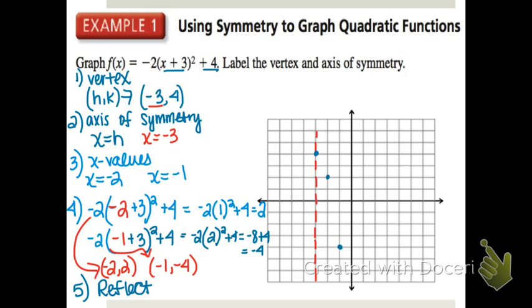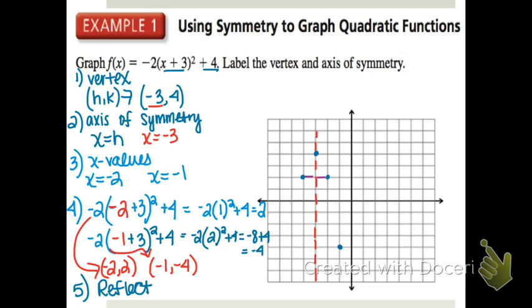For the vertex, it's already on the axis of symmetry, so I don't need to worry about that. But for that first point, I'm going to write this in purple. I am one x value, or one space, away from the axis of symmetry. So I'm going to travel a distance of 1 unit to find my reflected point.